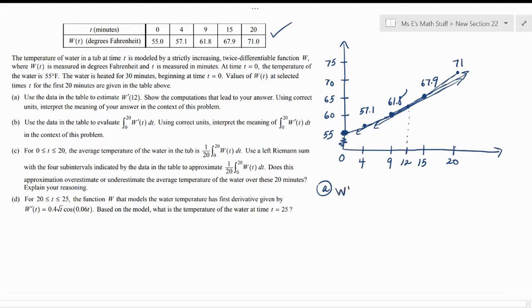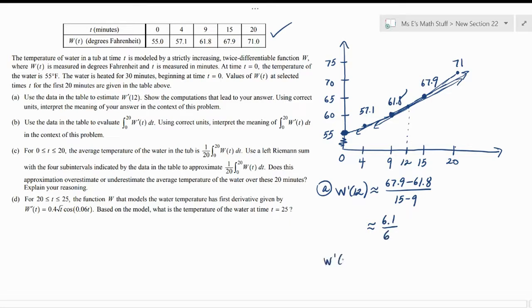So just say W prime of 12 is approximately 67.9 minus 61.8 over 15 minus 9. And this is a calculator problem, so you could just turn that into a decimal, or you could be nerdy like me and just subtract stuff.